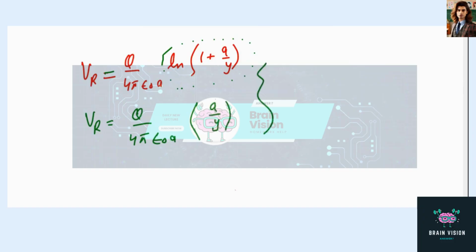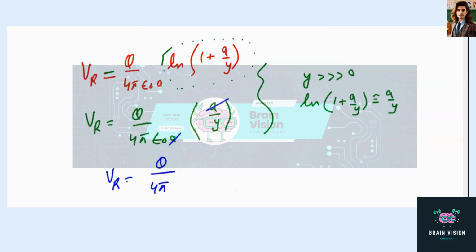So for y very much greater than a, we will have expansion of ln of 1 plus a upon y equal to a upon y. So here a and a will be cancelled, so we will have potential at point r equal to q upon 4 pi epsilon naught into y. So this is the same relation as electric potential of a point charge.